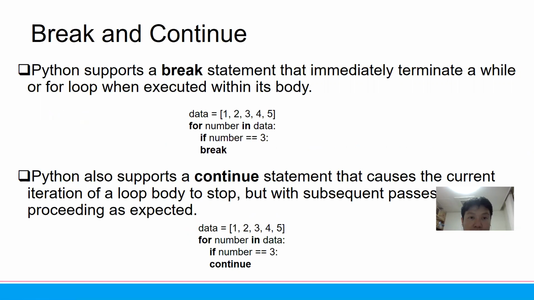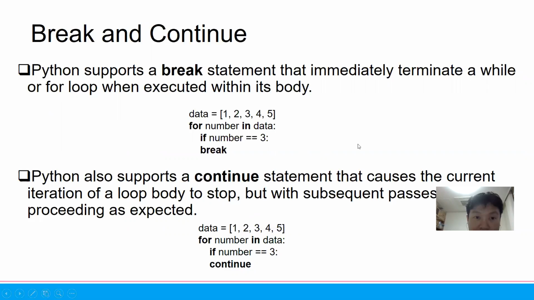Python supports a break statement that immediately terminates a while or for loop when executed within its body. Now, you can see from this code, you don't need to work with your Python, but let's see. If you are making this code, what do you expect to get?